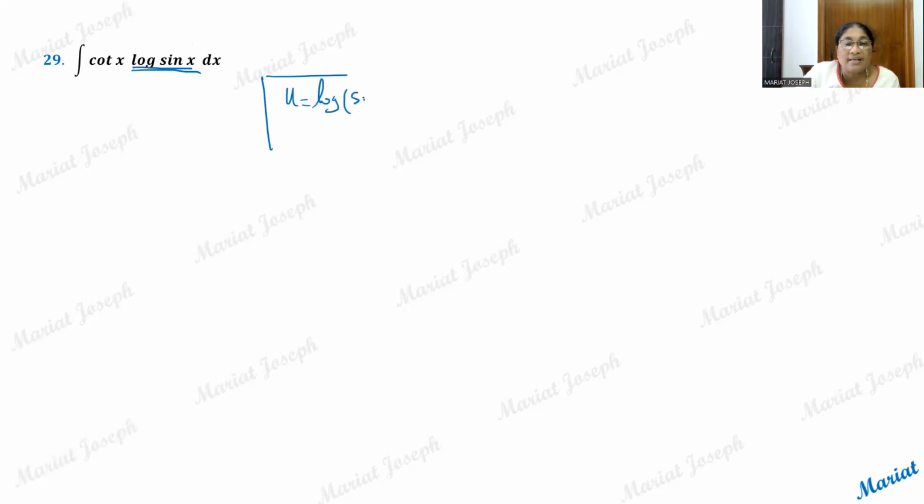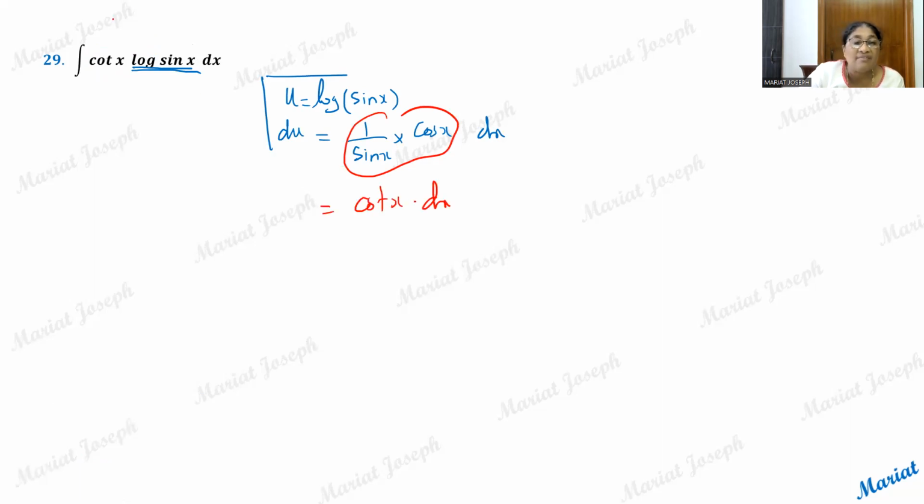Log of sin x. Because derivative will be then 1 upon sin x into sin x's derivative which is cos x. Now you see, this is nothing but cot x. So cot x into dx. We have it now. See, cot x into dx is there. That is du.